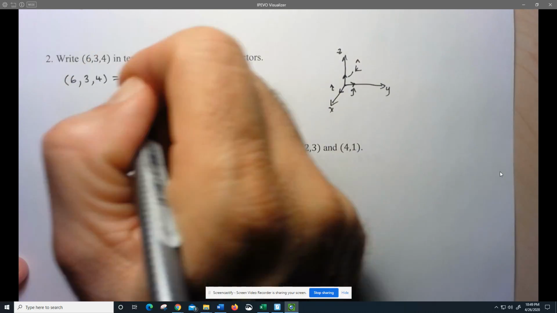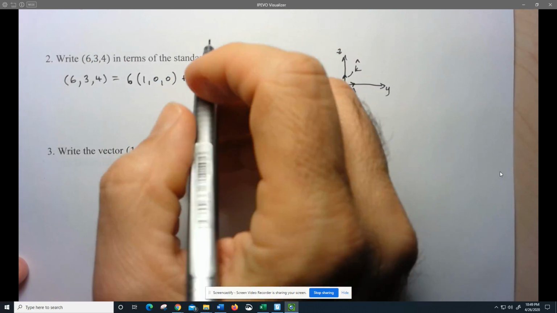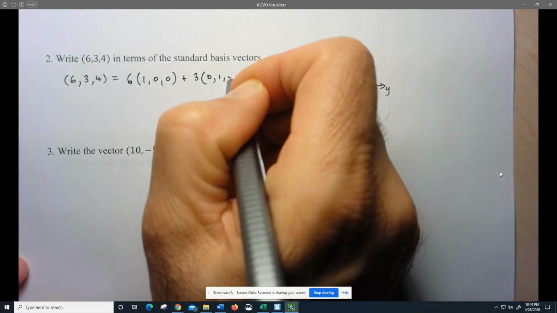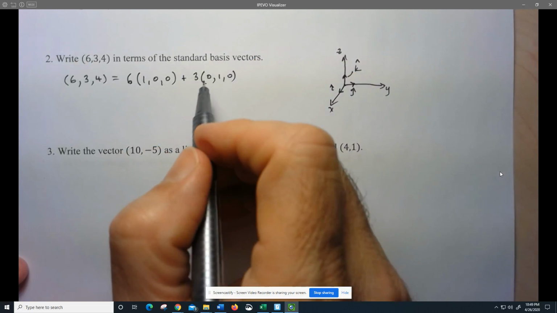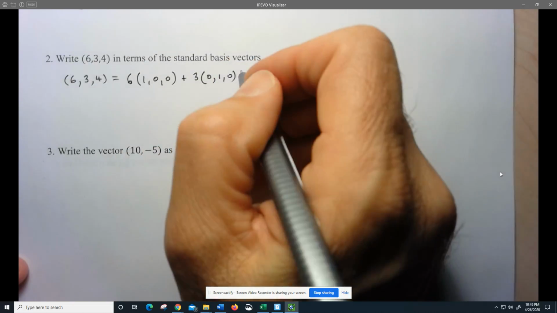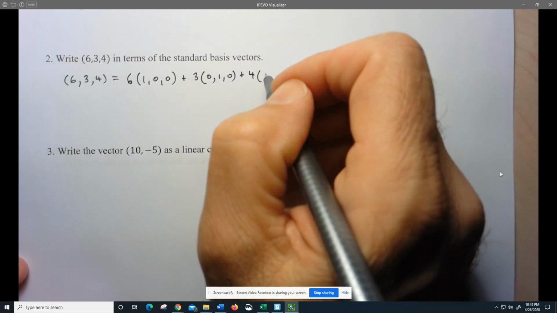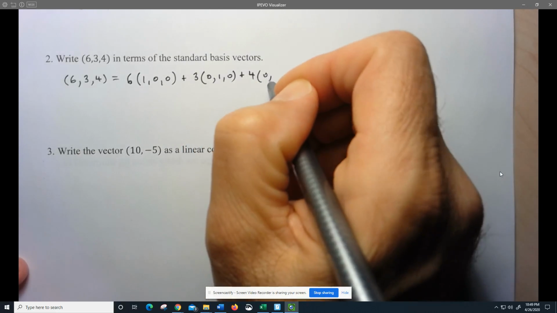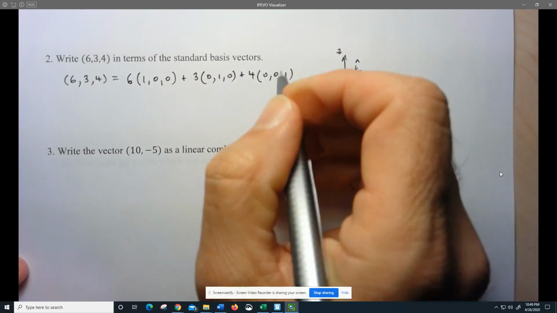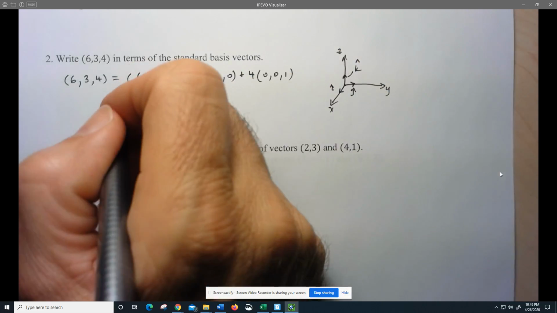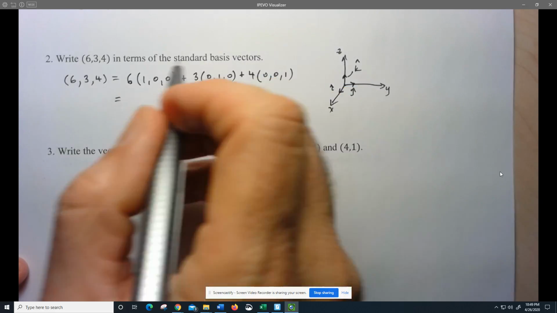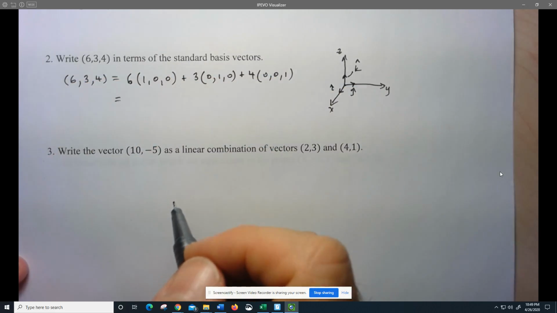And then I'm going to add to that 3 times the vector j, which is 0, 1, 0, the one in the y direction. So this gives me 0, 3, 0. And then I'm going to add 4 times the k basis vector, which is 0, 0, 1, which is going to give me 0, 0, 4. And so when we add all of these together, I just end up with 6, 3, 4.